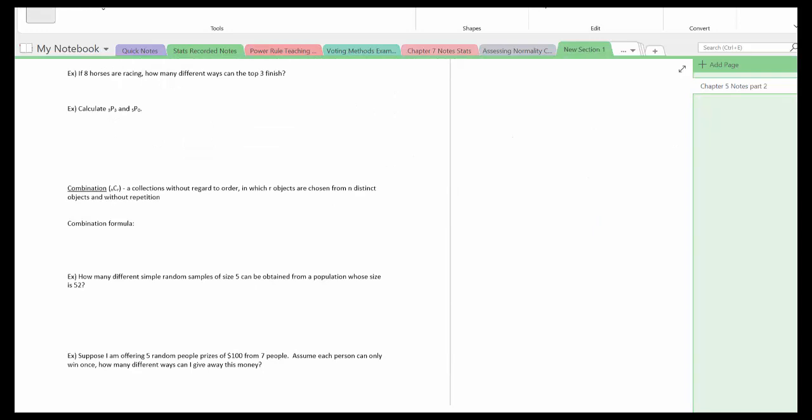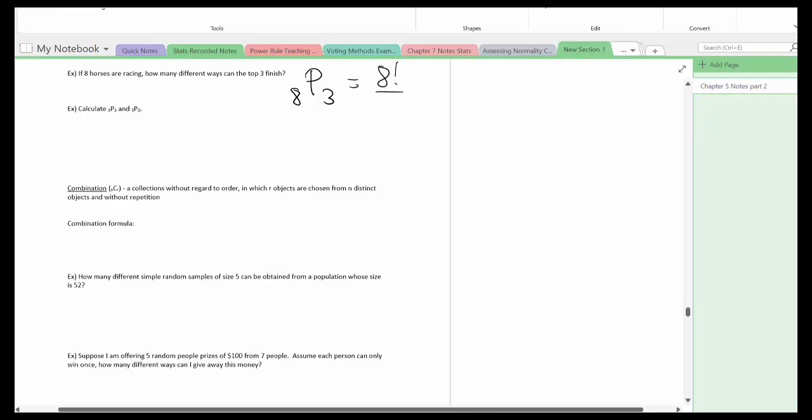Okay, let's take a look at another example. So if 8 horses are racing, how many different ways can the top 3 finish? So we're taking n items taken r at a time. Order matters, first, second, and third, and I can select only each individual horse once. So this is a permutation of 8 things taken 3 at a time, which is 8 factorial divided by 8 minus 3 factorial, which is 5 factorial.